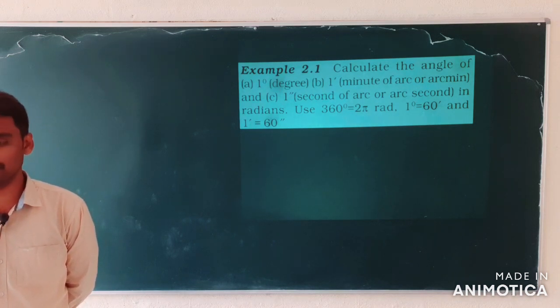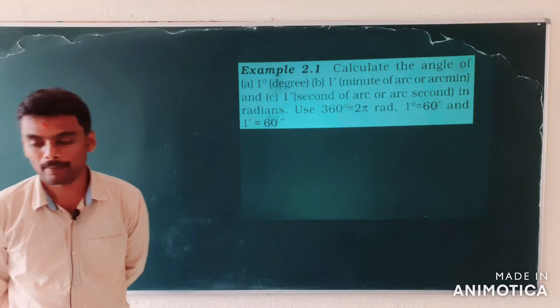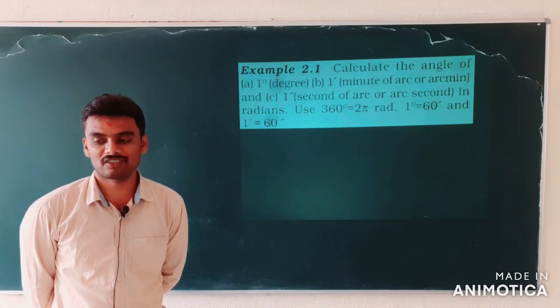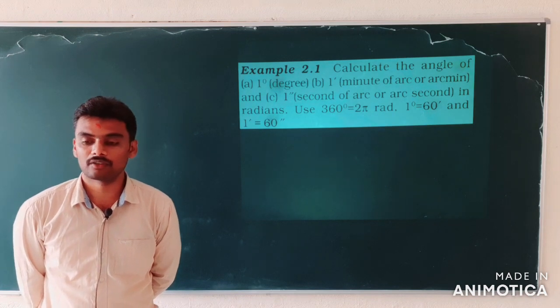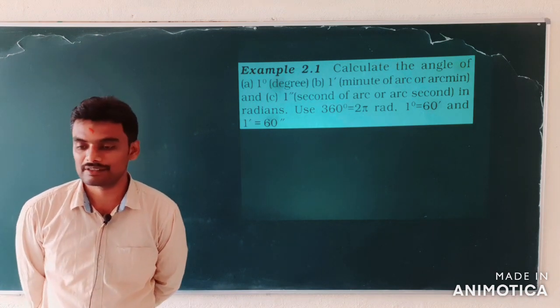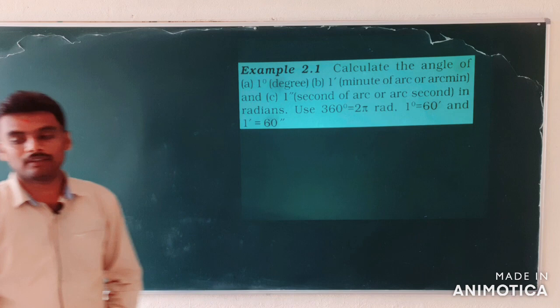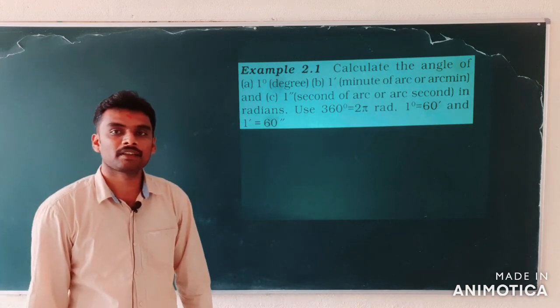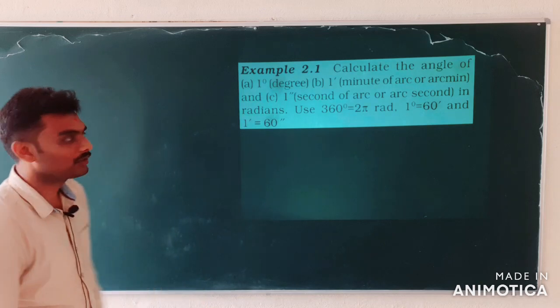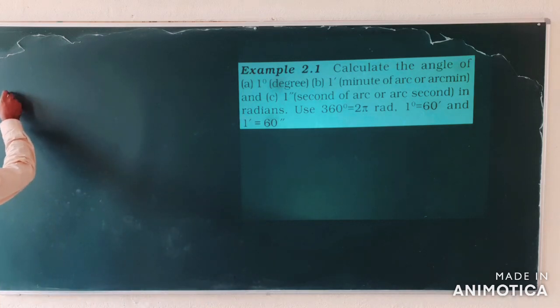Use 360 degree is equal to 2 pi radians, 1 degree is equal to 60 minutes, and 1 minute is equal to 60 arc seconds. So, this is a question based on conversion. The quantities given to convert are as follows.